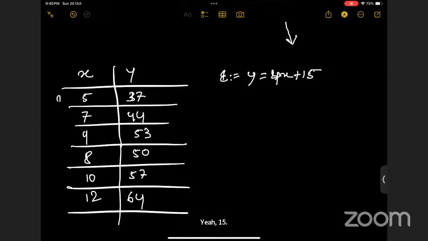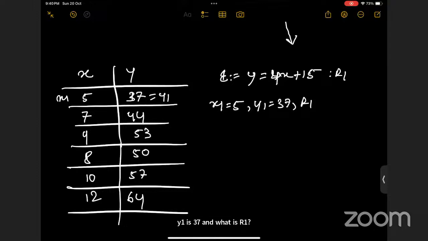Suppose this is our x1, this is our y1, and let us denote it with r1. So we can make one more chart. x1 is 5, y1 is 37, and what is r1? 4x plus 15, so 20 plus 15 is 35.